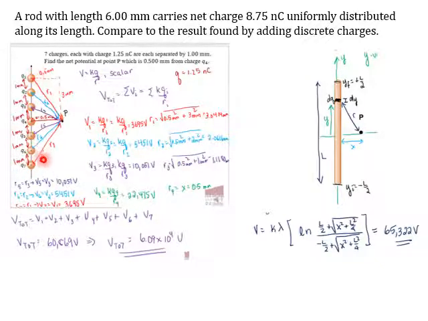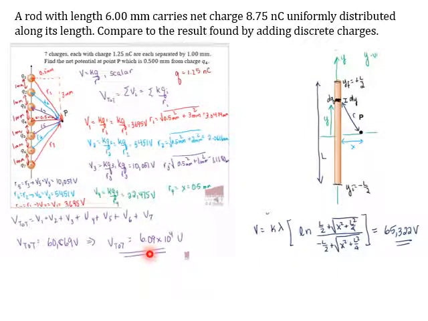So there I had 7 charges. The total charge was 1.25 times 7, or 8.75 nanocoulombs, and the net length of that distribution of charge was 6 millimeters. So this is an example where we had 7 discrete charges, and here's where we turn that into a continuous charge distribution. When we look at the potentials, those values are kind of close.